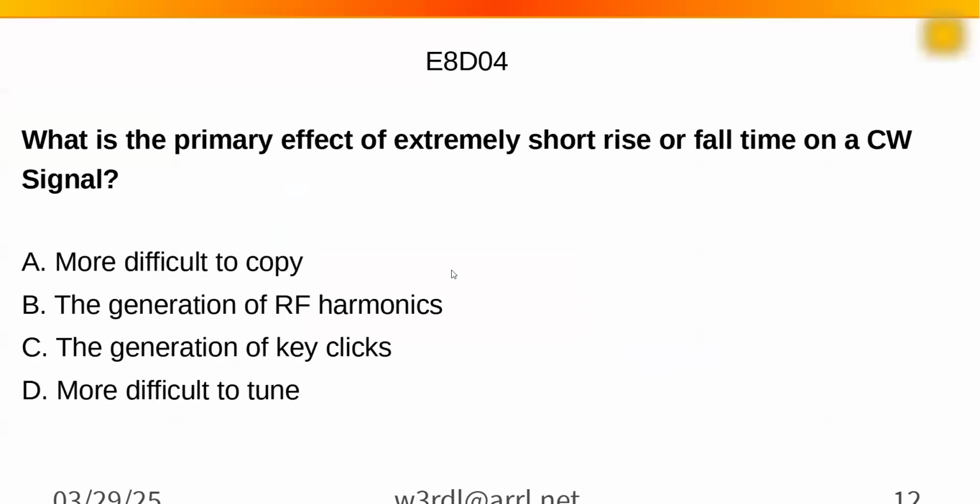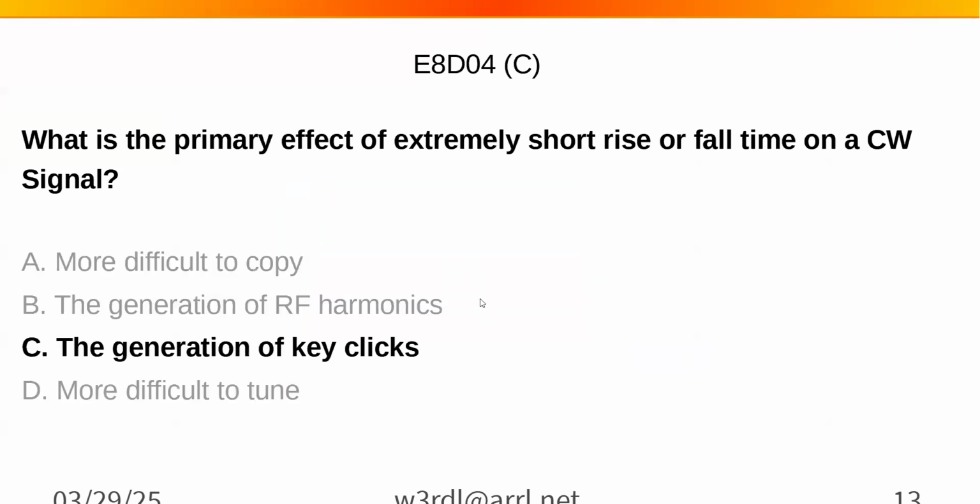What's the primary effect of extremely short rise or fall times on a CW signal? Yeah, you would think it generates harmonics too.